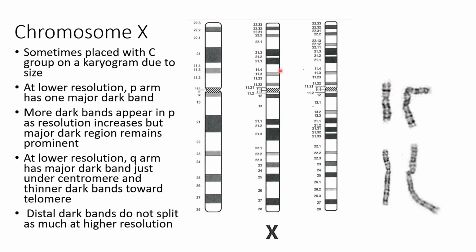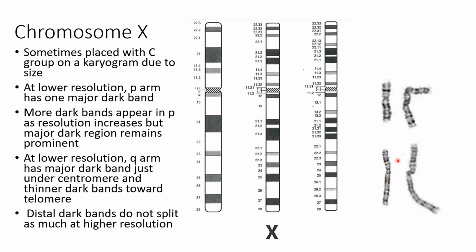So at the lower resolution, X has the one major dark band in the P arm, and a major dark band under the centromere, not right next to it, but with some white gap. And then you've got a series of dark bands.